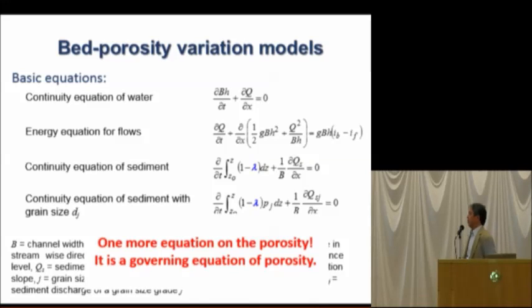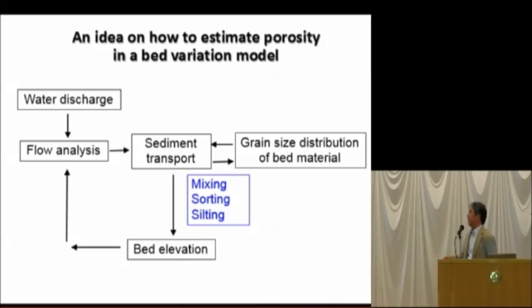But I think it is very difficult to obtain this governing equation of the porosity. Okay, so we are thinking about a new idea to obtain the porosity in this set of the basic equations.